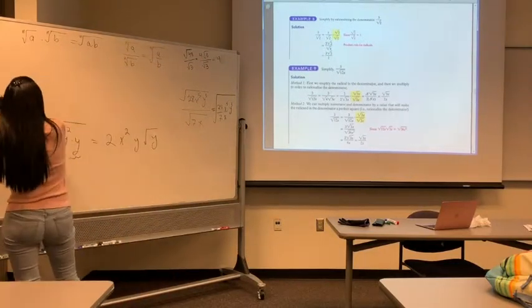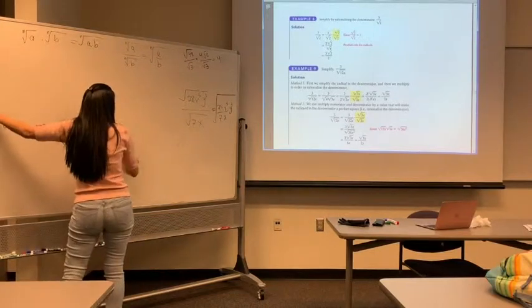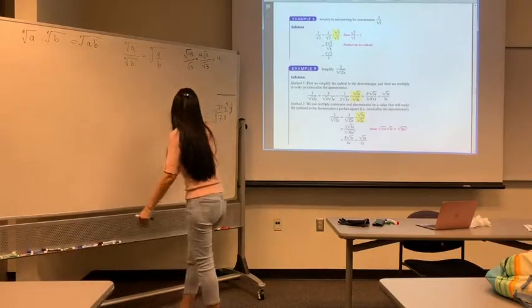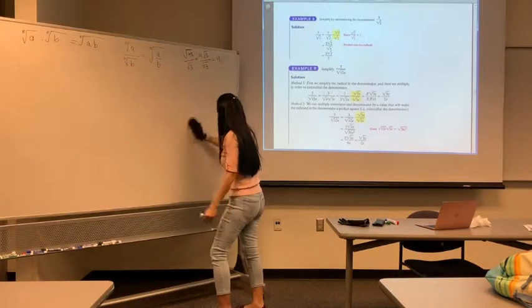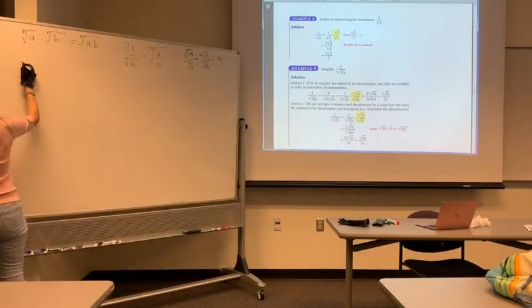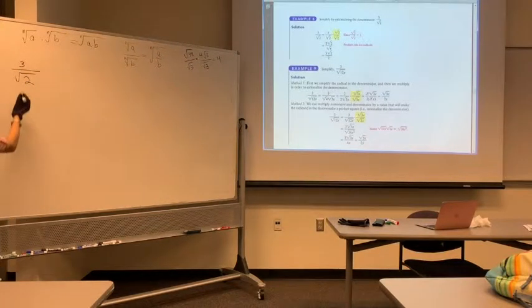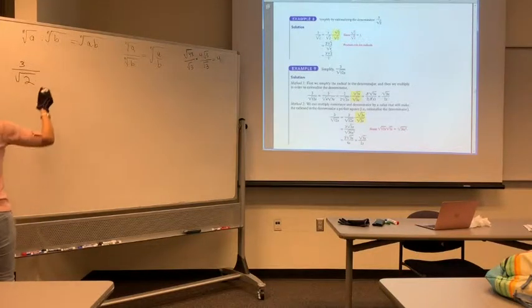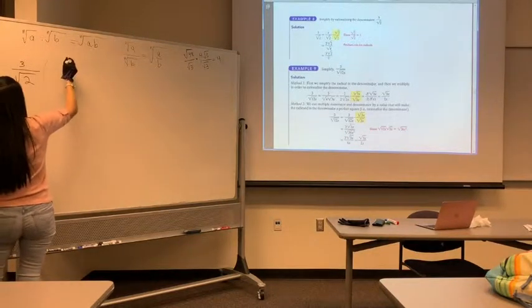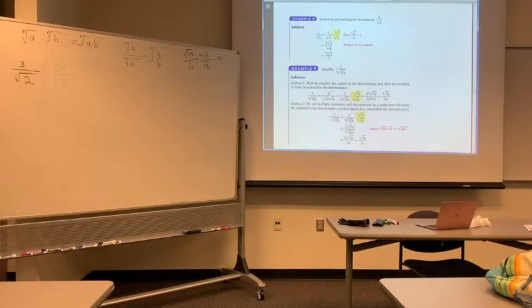We can do that if we multiply the whole fraction by the same thing as the denominator. For example, if we have 3 over radical 2, I can get rid of this. How? By multiplying the whole thing by radical 2 over radical 2.